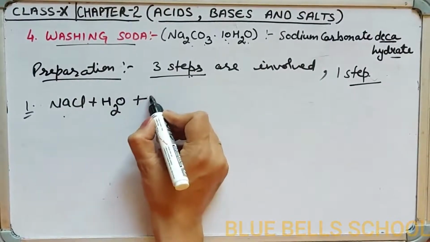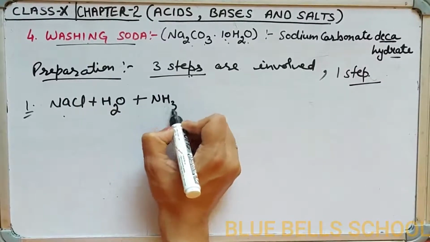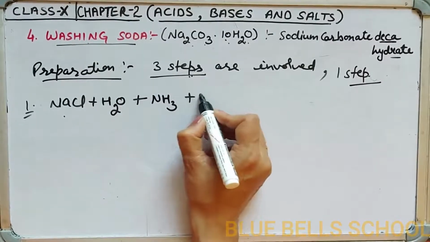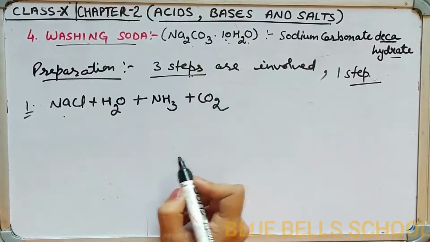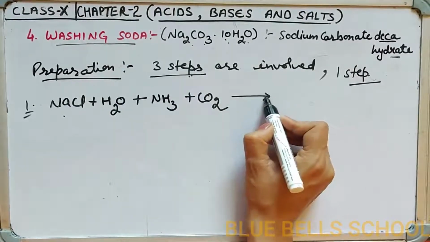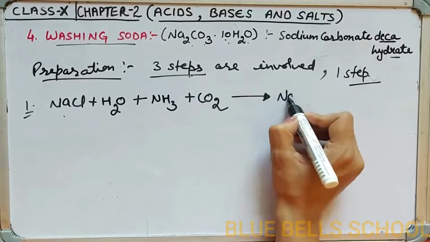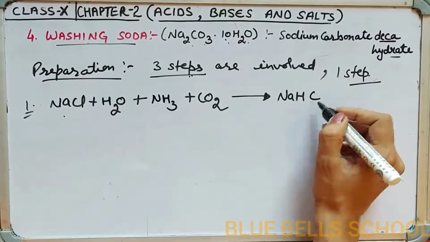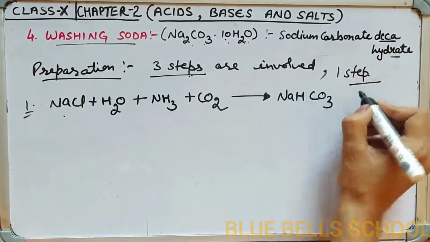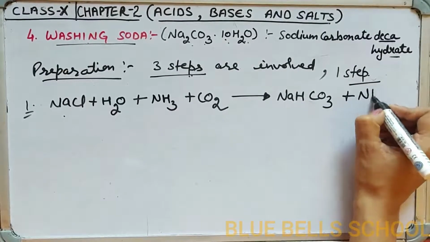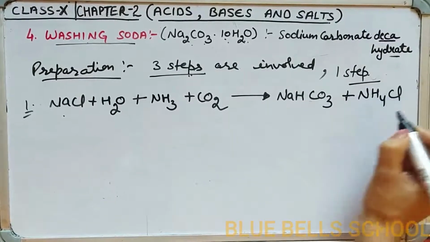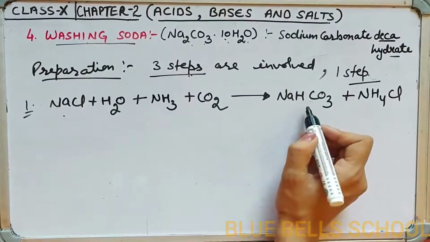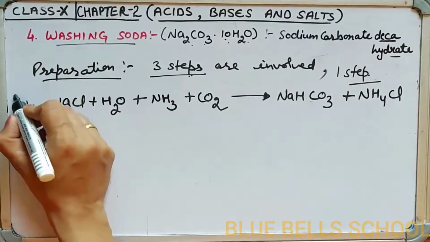In the solution, ammonia is added along with carbon dioxide gas, and it leads to the production of baking soda, that is sodium bicarbonate, and ammonium chloride. This is step 1.